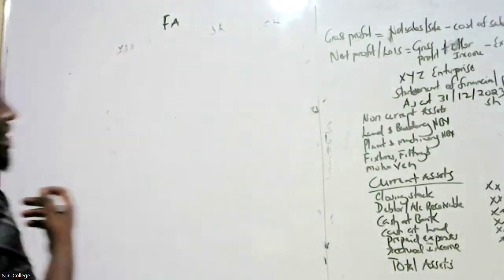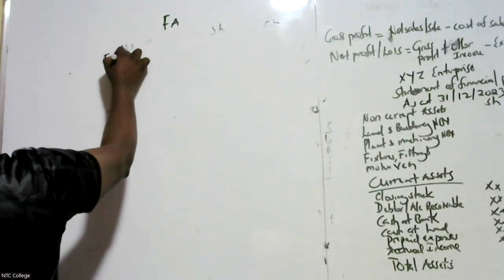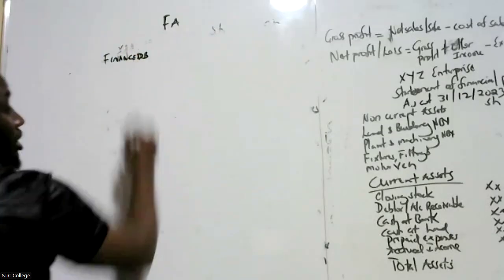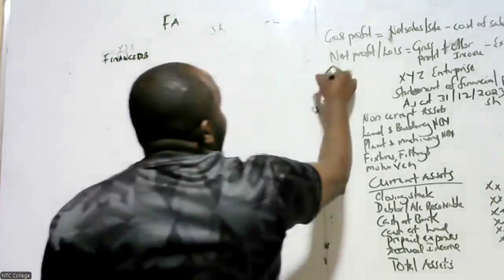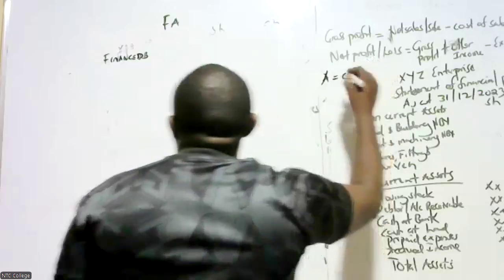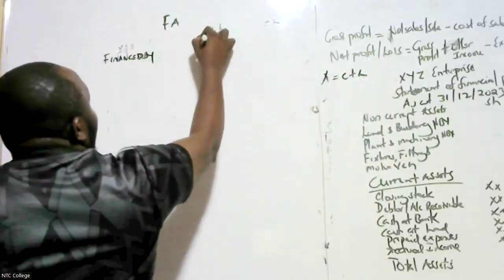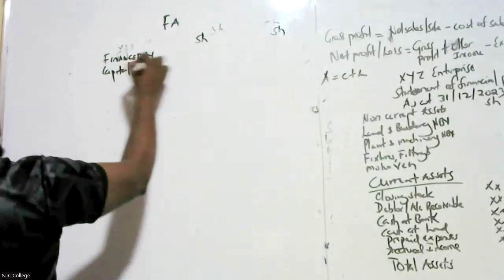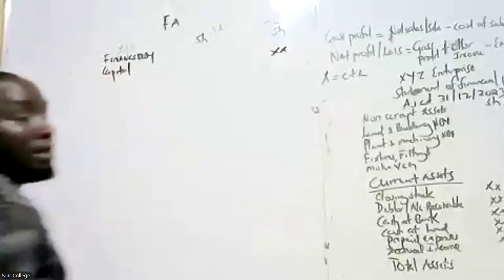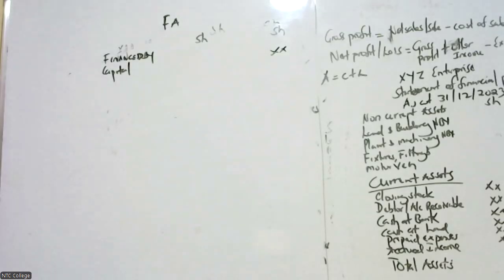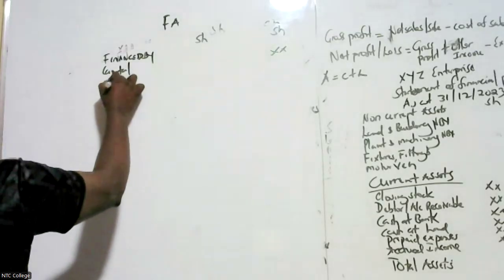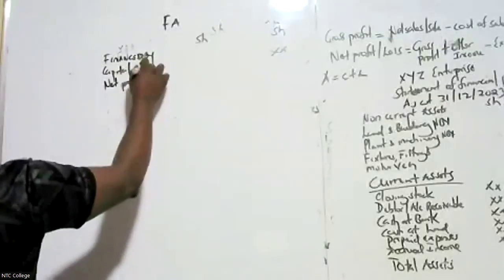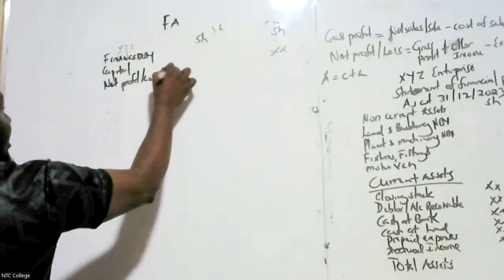So then we say that assets are normally financed by. Bookkeeping equation, remember, we say that assets is equal to capital plus liability. So we say financed by, we have capital. Then we can talk about net profit or loss from P&L.